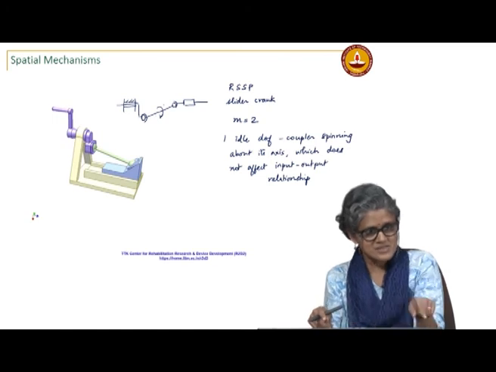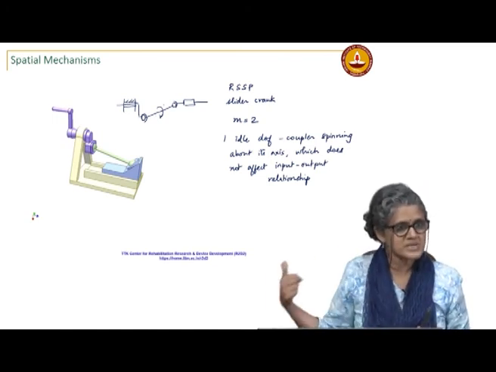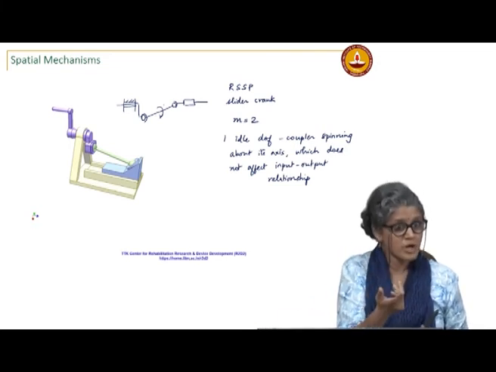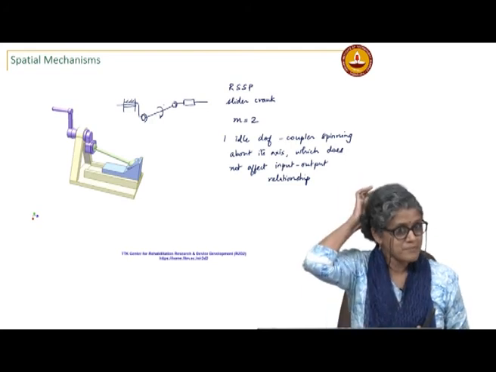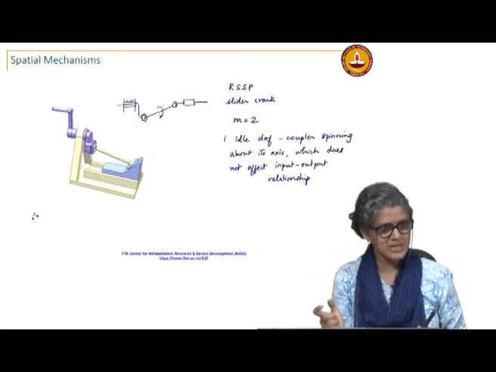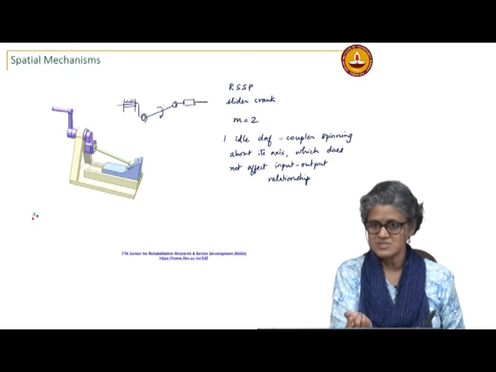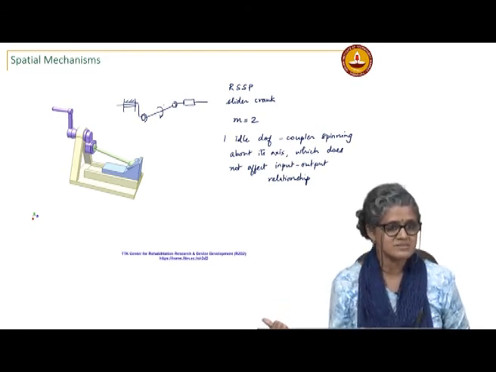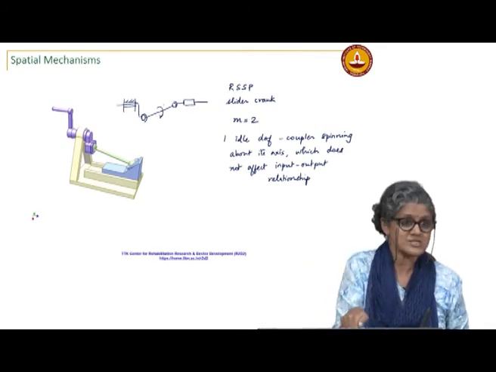As this slider crank is moving, you may want to use this degree of freedom to operate something else, in which case the orientation of that probably matters. It is no longer an idle degree of freedom, because you may have to actually specify it. This could be connected to another linkage, and the rotation of this may actually be the output of something else. In which case you are going to have to control that rotation.